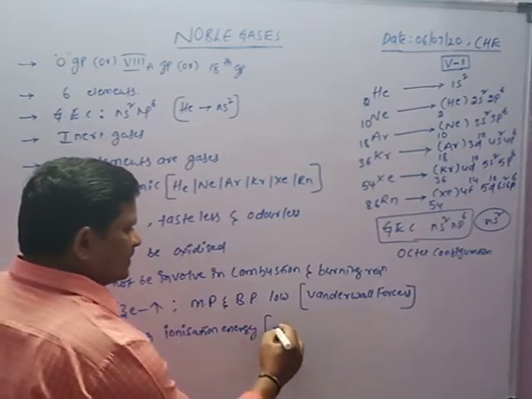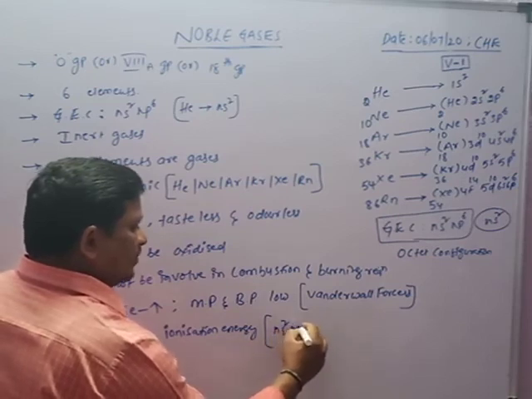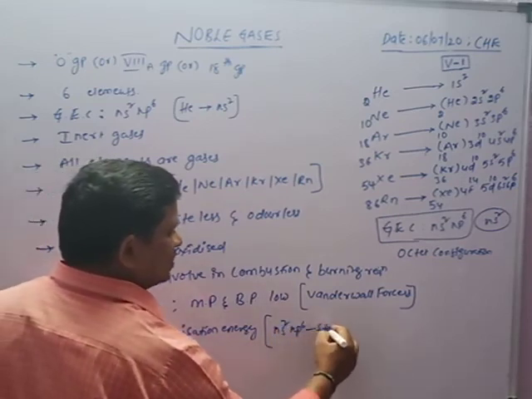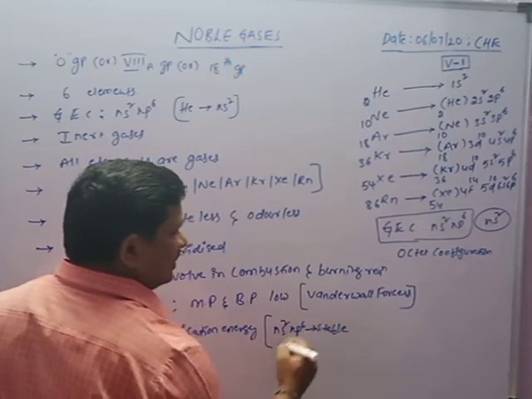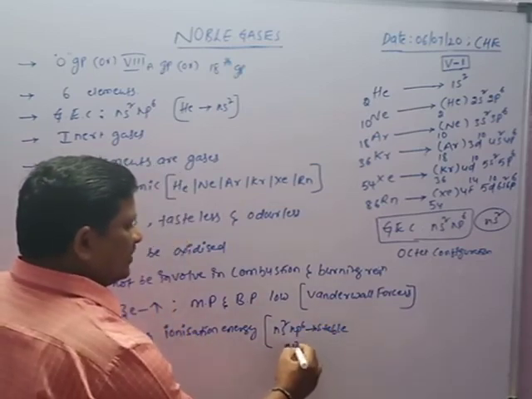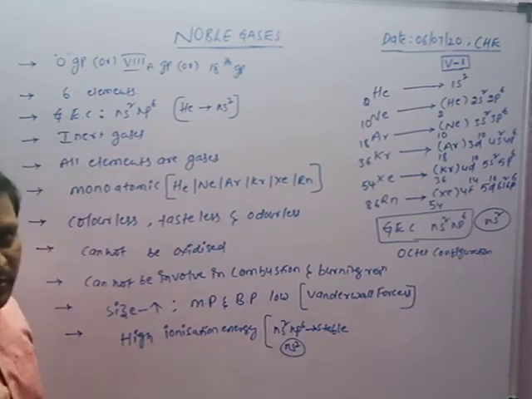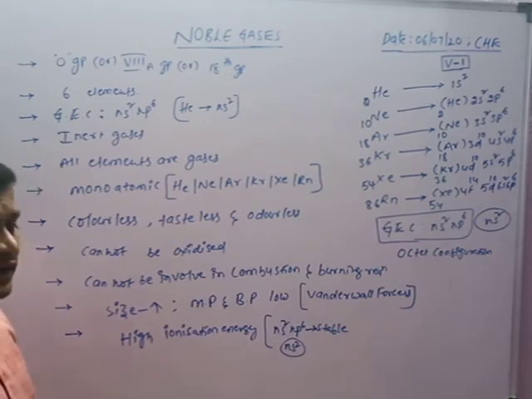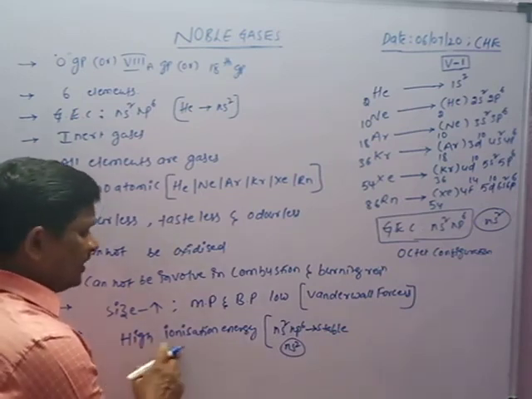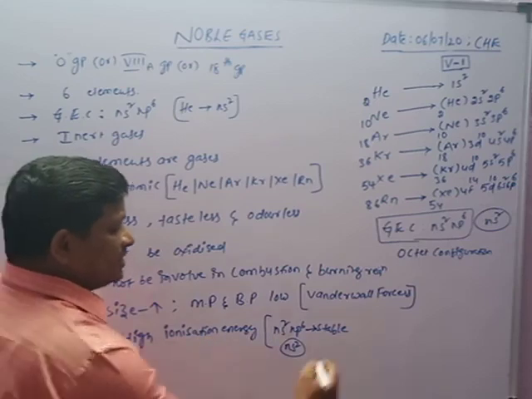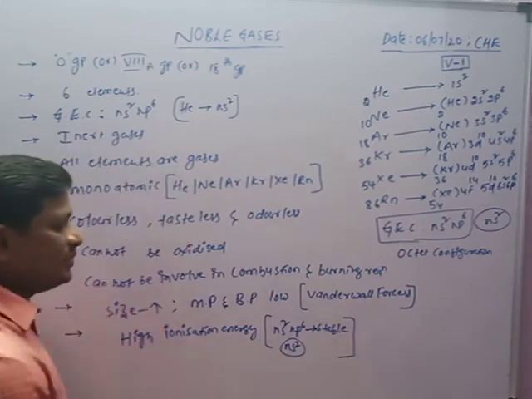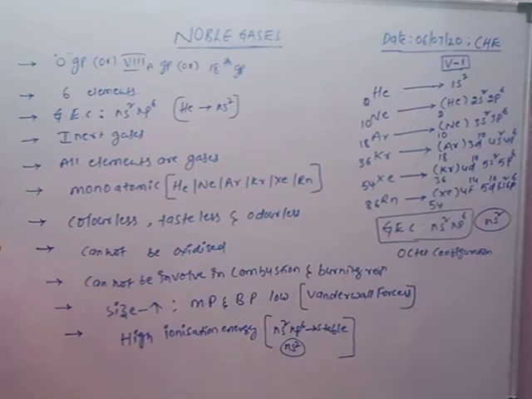All the noble gases have a stable ns2 np6 electronic configuration; helium is 1s2. Due to this stable configuration, removal of an electron is very difficult and a very large amount of energy is required. So noble gases have high ionization energy due to the ns2 np6 stable electronic configuration.